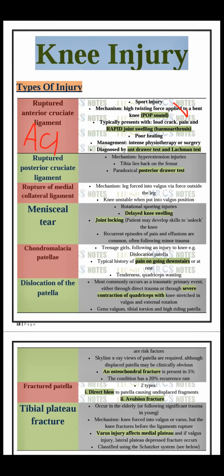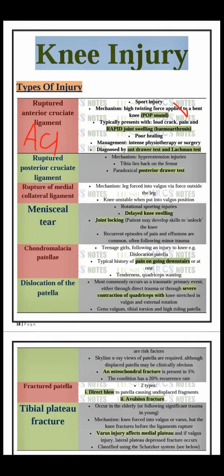What will happen? Immediate, rapid swelling of the knee. This is a hemarthrosis. Take care. Immediate swelling, pop sound, twisting injury to the knee: this is ACL. But if you have delayed swelling of the knee and locking of the knee, with no immediate movement of the knee, that is different.